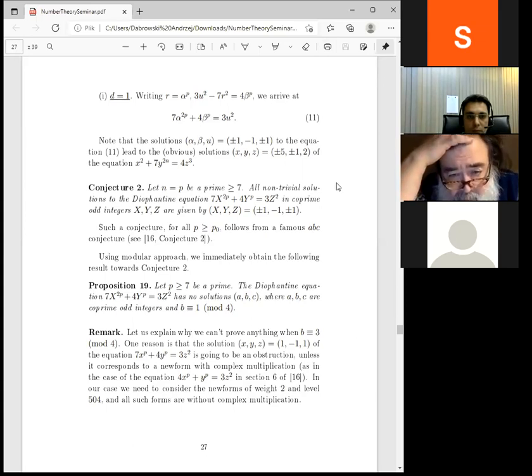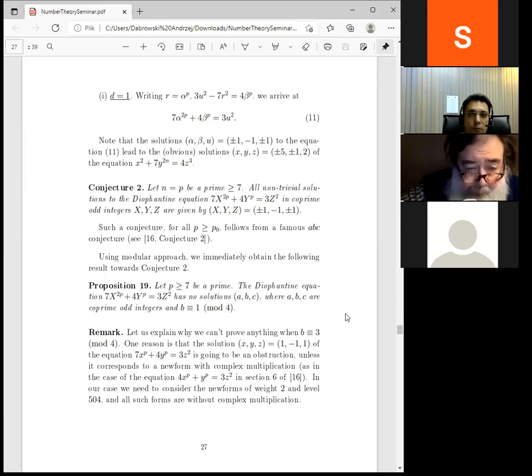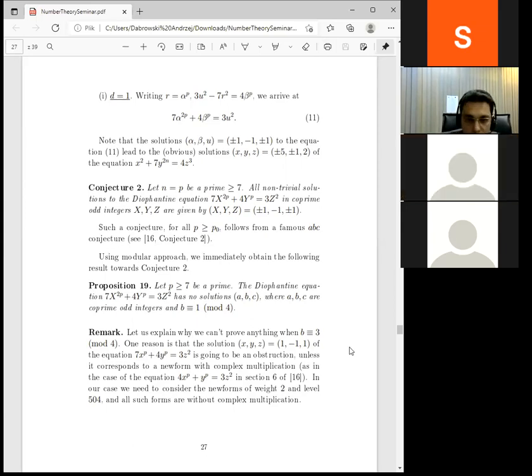Probably no available methods will give the set of solutions. We are not able to eliminate all the newforms in this case. The problem is that the remaining newforms to eliminate are without complex multiplication.